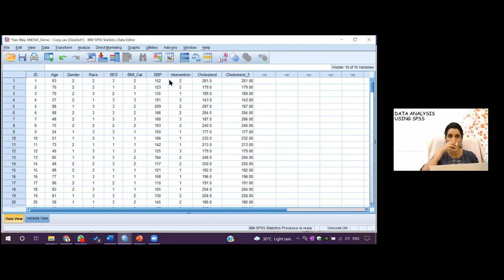Now coming to the fourth one. What were the 4th, 5th, and 6th assumptions? They were that we were checking for normality, homogeneity of variance, and outliers. And for that, we discussed that we have to do it across the cells.